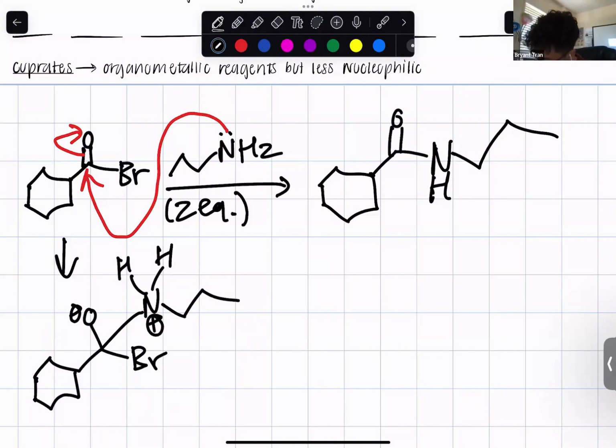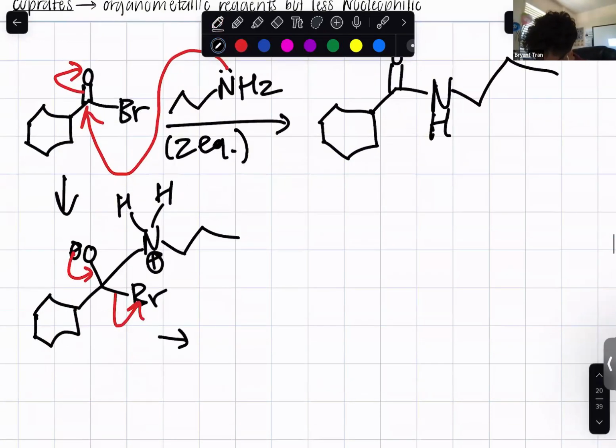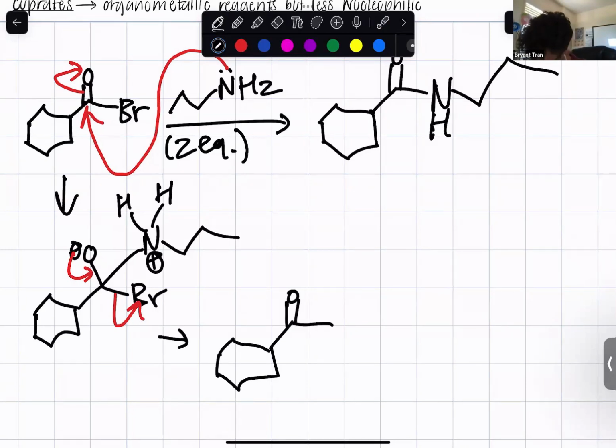And then we're going to now reform the carbonyl, kick out the bromine, and get this intermediate here. 1, 2, 3. Hydrogen, hydrogen, positive charge.